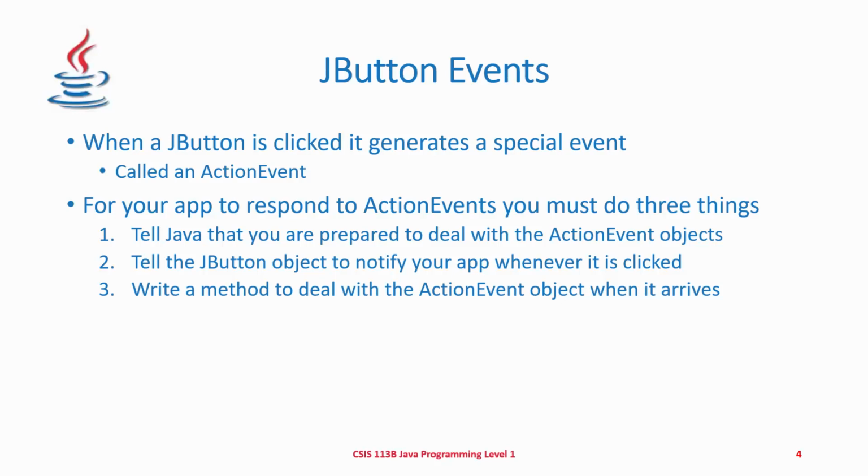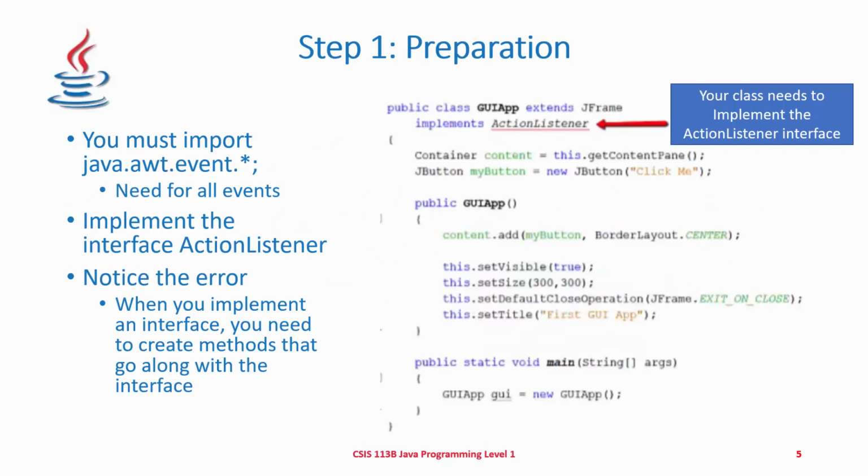We need to tell the JButton object to notify the app whenever it is clicked. So we'll add the listener to the JButton. And then we need to write the method, which is the block of tasks that we want to handle that particular method. In other words, when you click on button B, what is that going to do within the GUI interface? So we'll take you through those 3 steps now.